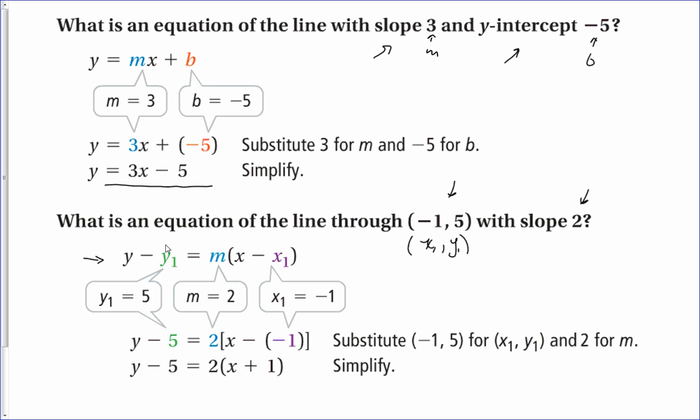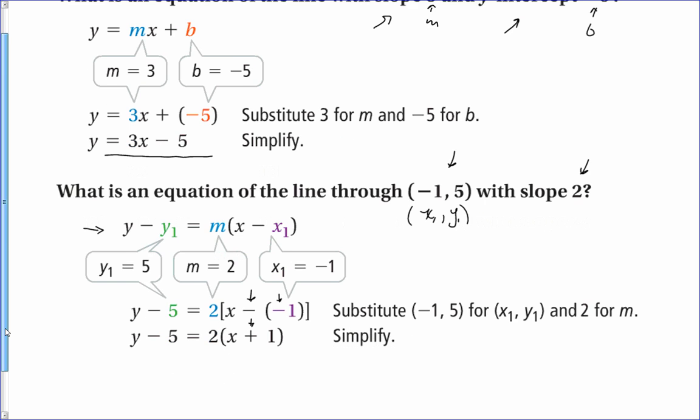Alright? So for y1 we're putting in a 5, for m we're putting in a 2, and for x1 we're putting in a -1. So y minus 5 equals 2 times x minus -1. And of course, when you have a double negative like this, it becomes a positive. So it's y minus 5 equals 2 times x plus 1.